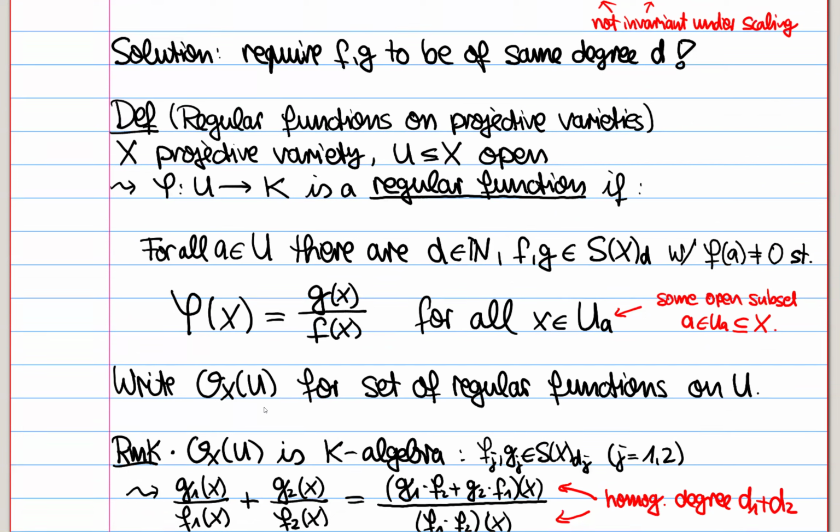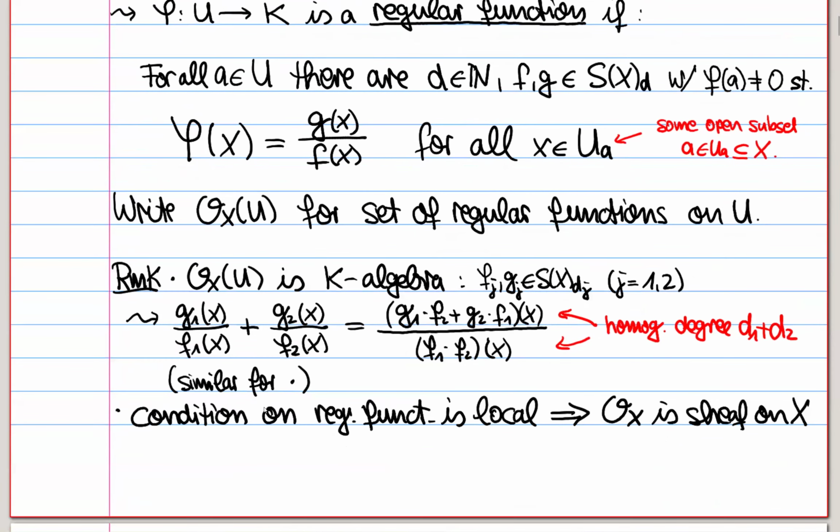Now we have just defined it as a set of functions, and we should check that it's indeed a K-algebra. That's not super hard, but there is something to check here. Namely, let's say you have a regular function g1 divided by f1, and another regular function g2 divided by f2, at least locally around some point. Let's say you want to add them. Well, you just add them as you're used to. You get this expression here.